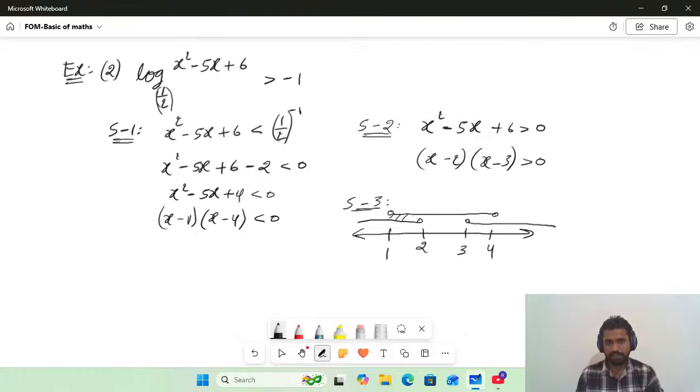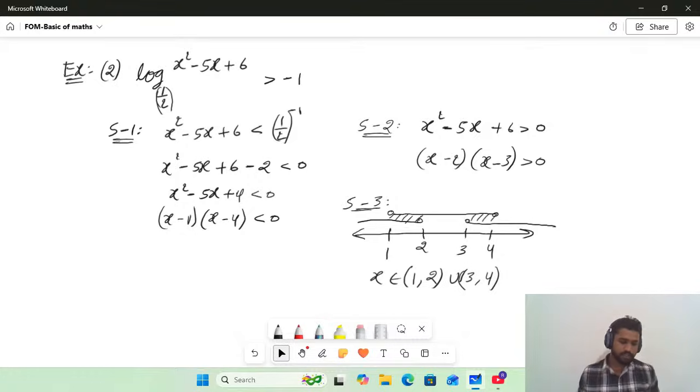The common part is x belongs to 1 comma 2 union 3 comma 4, the intersection of step 1 and step 2. So the final answer is x belongs to (1, 2) union (3, 4).